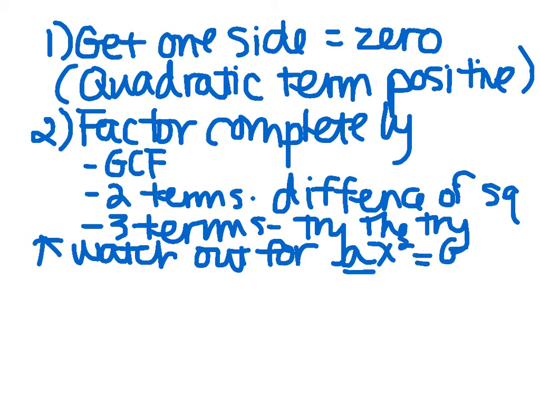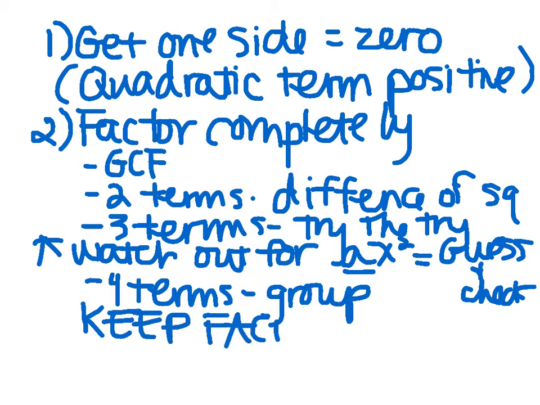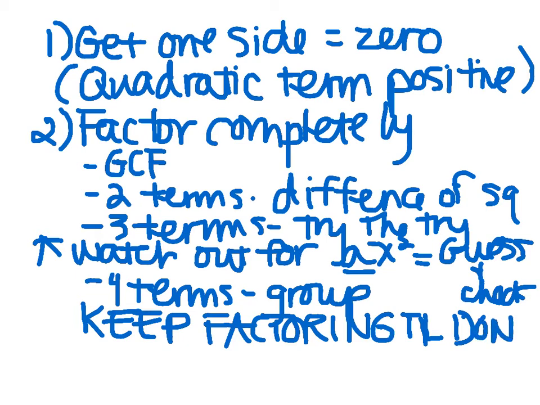You have to guess and check. 4 terms, you group, and you keep factoring until you're done. You're done when nothing can be broken down further. And then the final step is set each factor equal to 0 and solve.